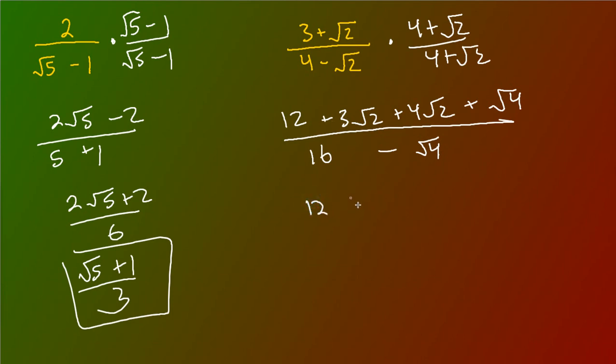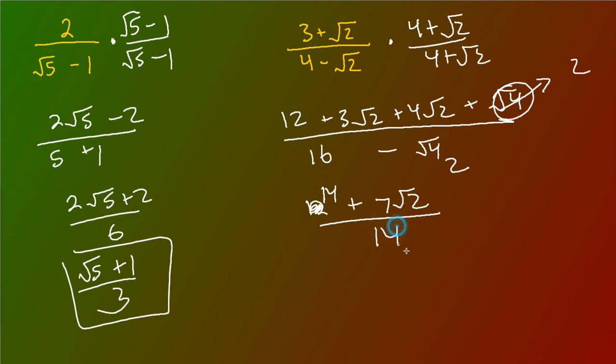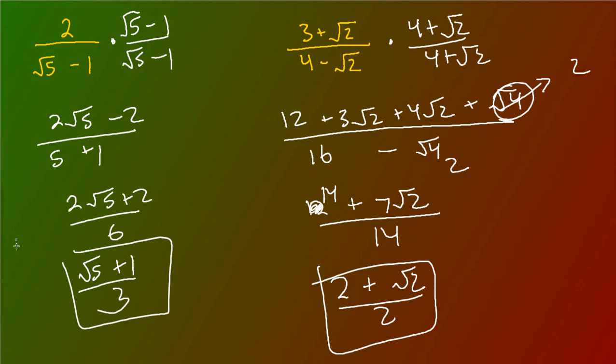So I got at the top 12 plus 7 root 2. Now this is square root of 4. That's going to become 2. So this is actually going to be a 14. And then this is 2. So I get 14. I can divide those all by 7. And this by 7. And we're good. All right, now we're done for sure.